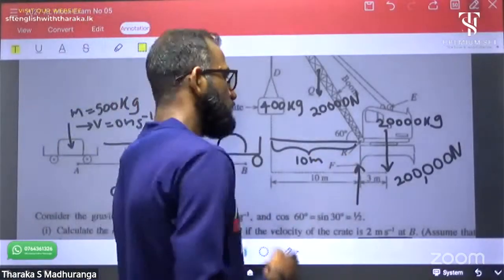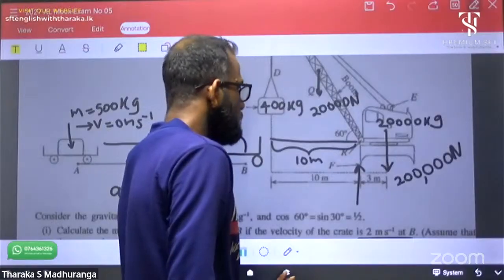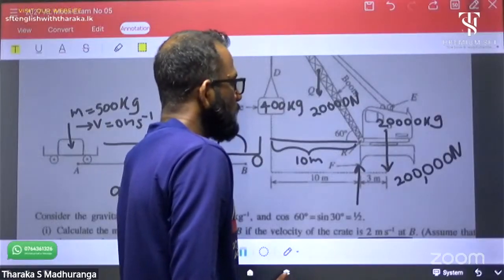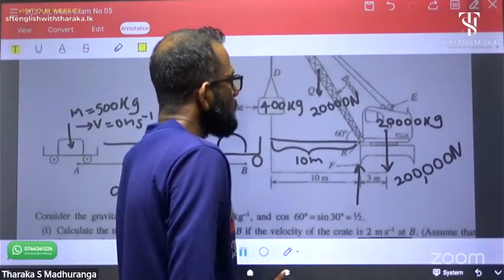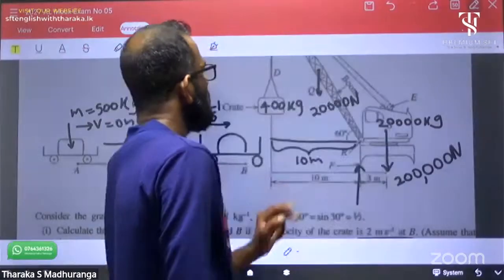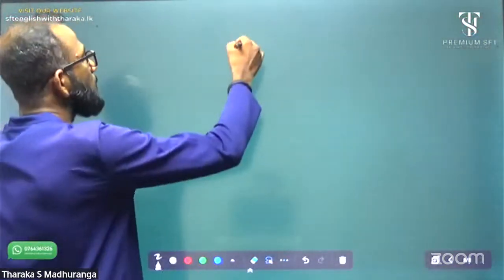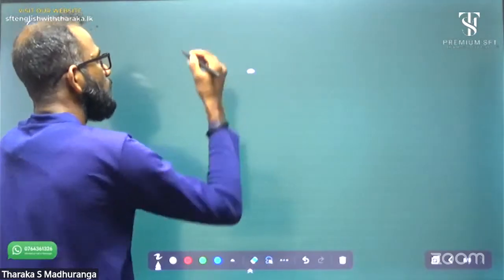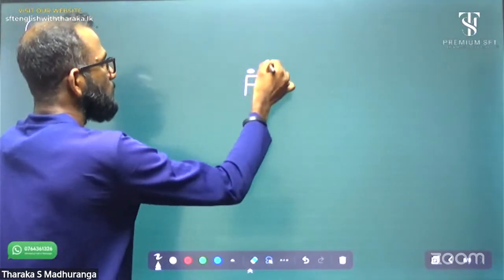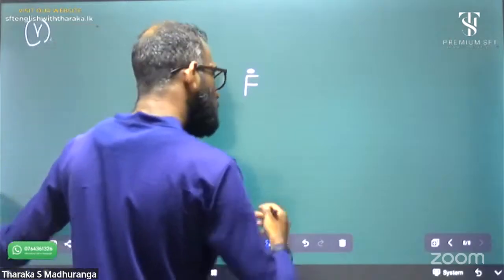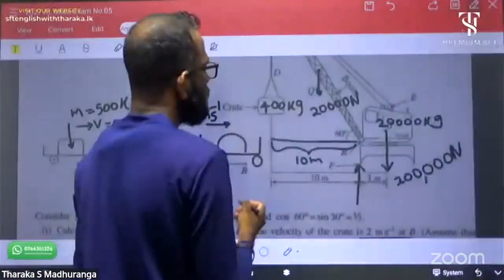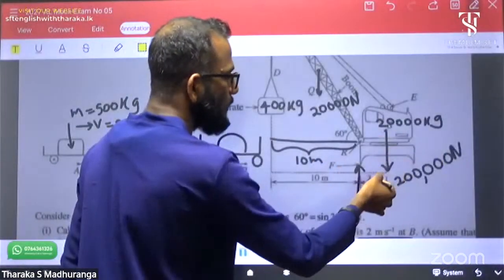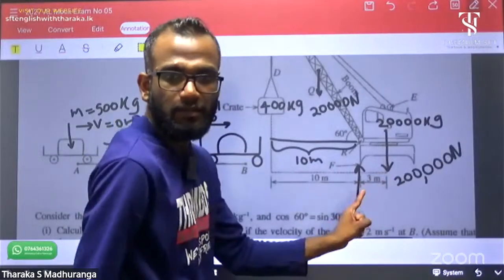This is the F point. Three meters away on the right side, this distance is given as 3 meter.